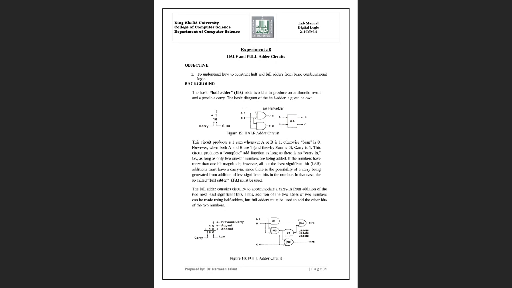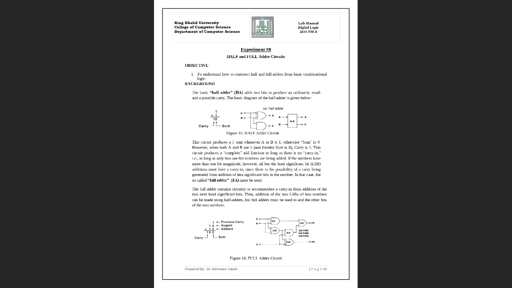The carry signal represents an overflow into the next digit of a multi-digit addition. When you add two numbers, there will be an overflow, and the carry represents that overflow. The value of sum is the addition of the 2 bits, that is A plus B, which gives you the sum.